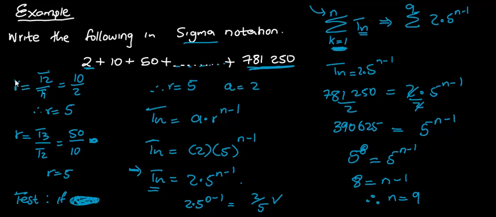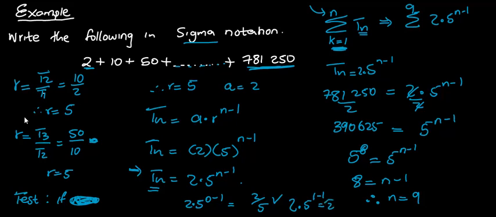You do the same and check if n is 1. So if n is 1, you're going to have 2 times 5 to the power 1 minus 1, which is 5 to the power 0. Any number to the power 0 is 1.